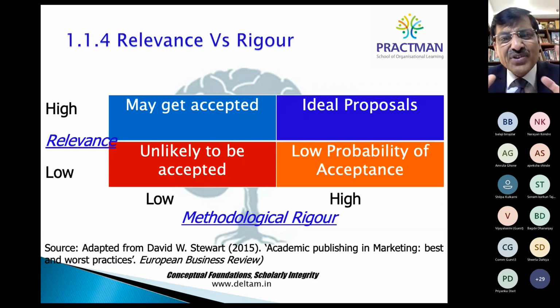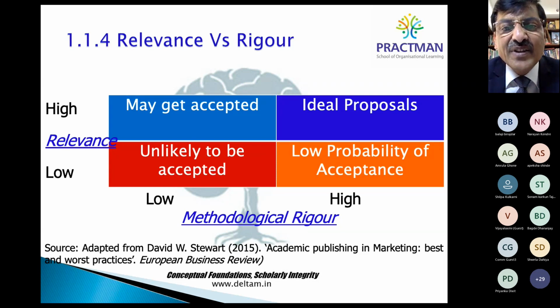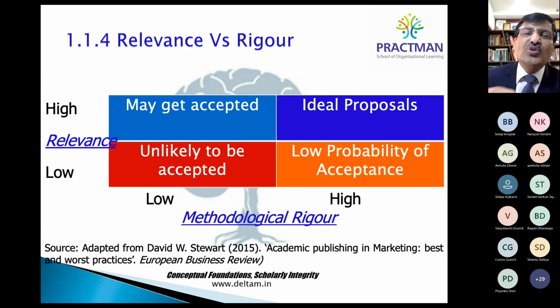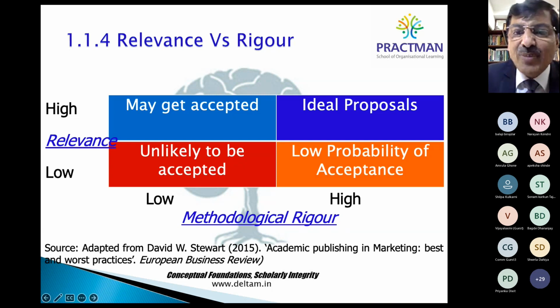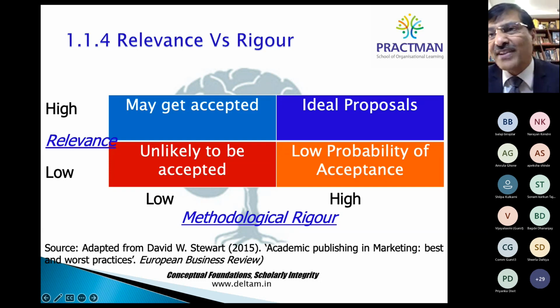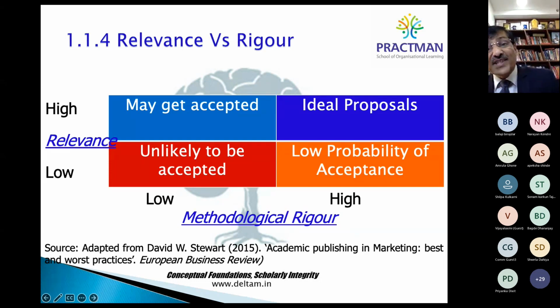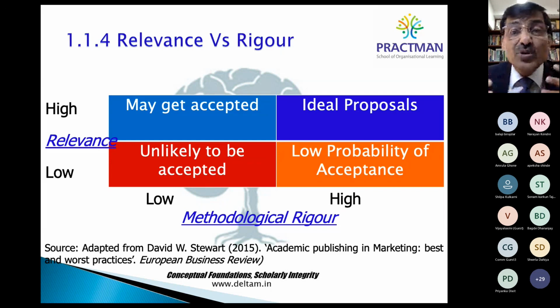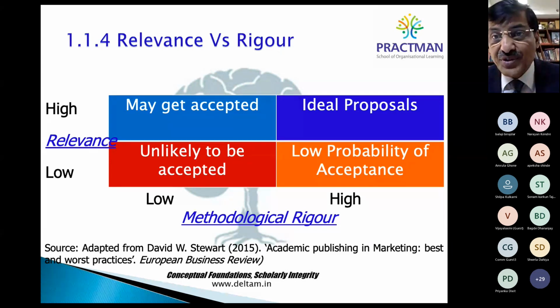And the impression is getting created as if the researcher is just trying to use some statistical methods. That's it. Those are the problems which I have shown with orange color. They have low probability of acceptance. You cannot sell a research problem as a PhD problem just on the basis of your argument that I'm going to use this XYZ methodology.